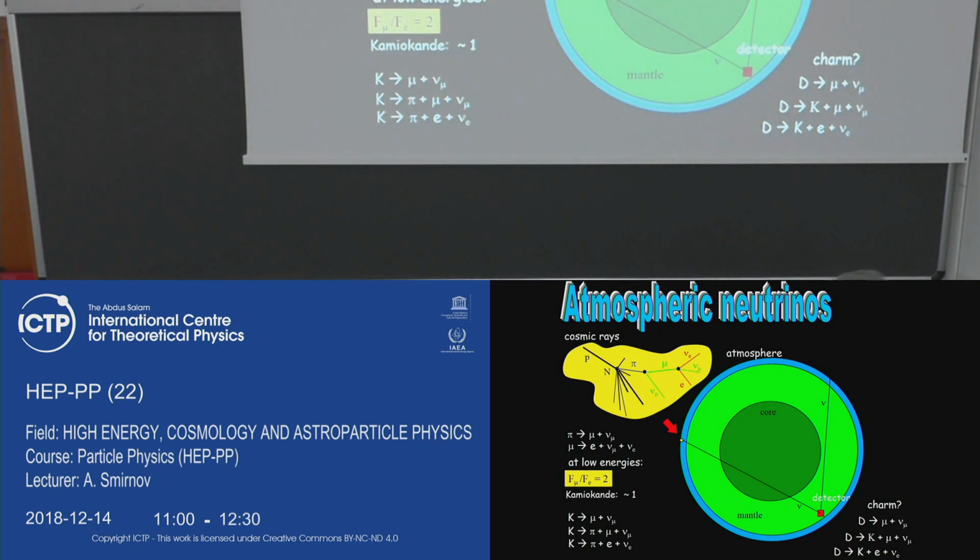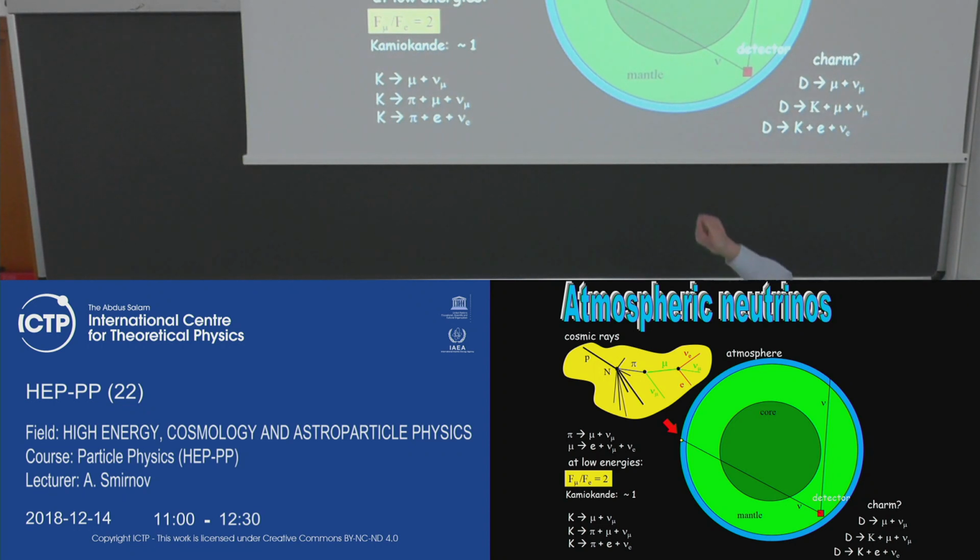I will talk about atmospheric neutrinos. I said a little bit more. So unfortunately, I first show the slides, and then we'll discuss what this is. So atmospheric neutrinos are produced in interactions of cosmic rays with the atmosphere. So this blue is the atmosphere, and what happens is that secondary particles include pions, which then decay, emitting muon neutrino and muon, and the muon in turn decays into electron, muon neutrino and electron neutrino.